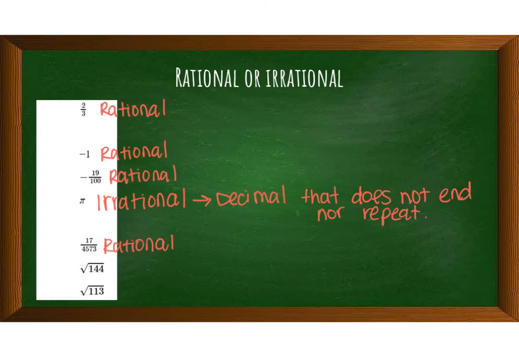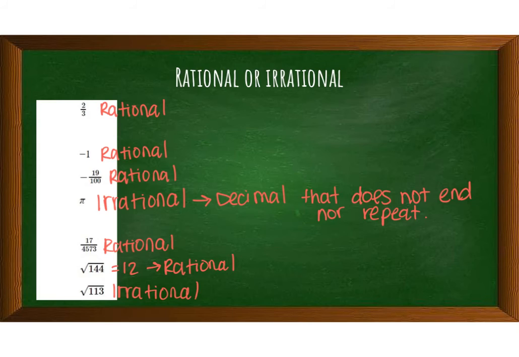The square root of 144, that is 12, okay? And 12 is a whole number, so 12 is rational. Okay? The square root of 113, this is irrational. Why?